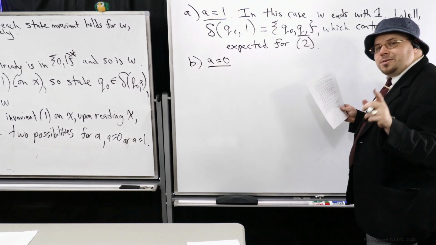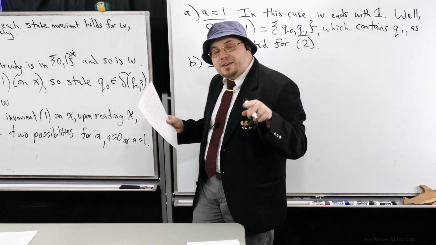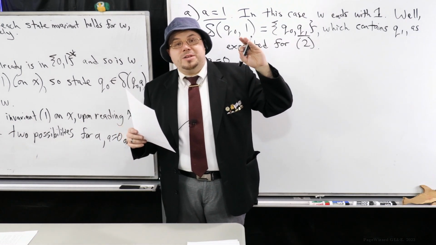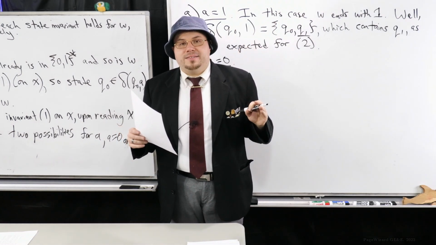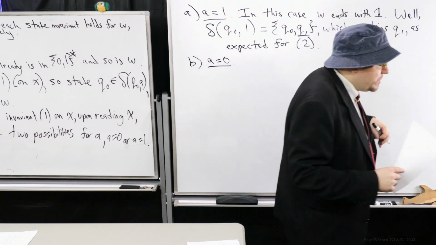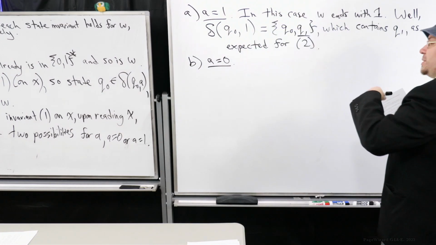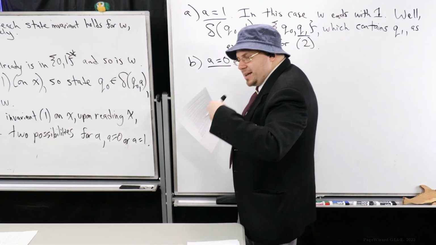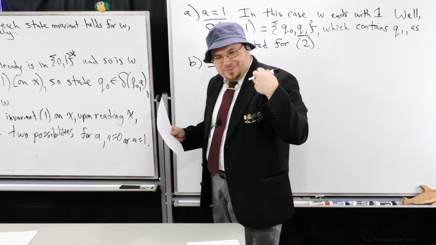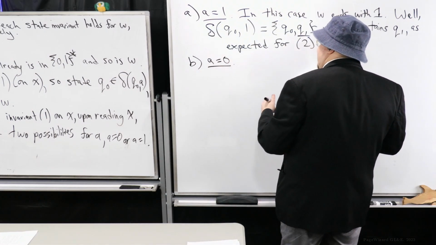But now here, it should not be the case that the state invariant is going to be true in the positive sense. It must not be in state Q1 because it doesn't end with a 1 anymore.